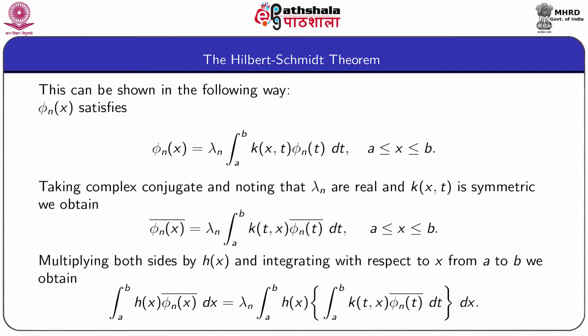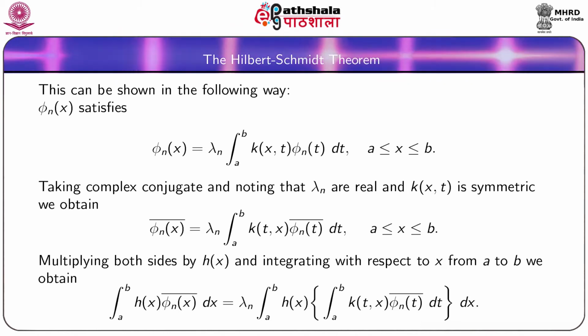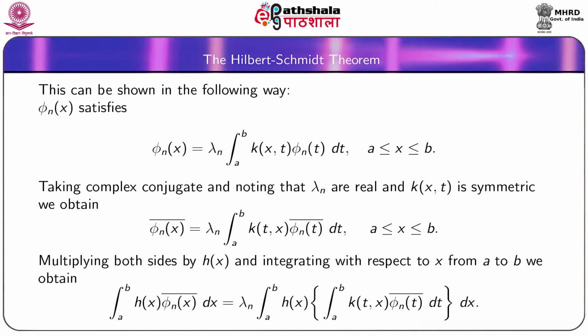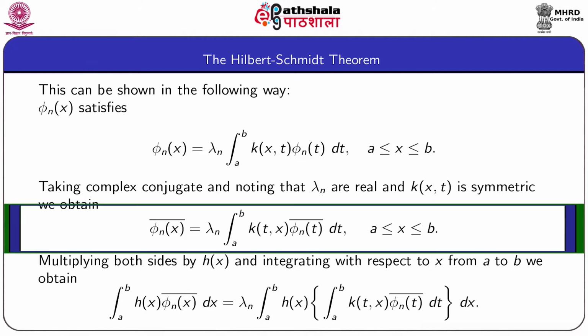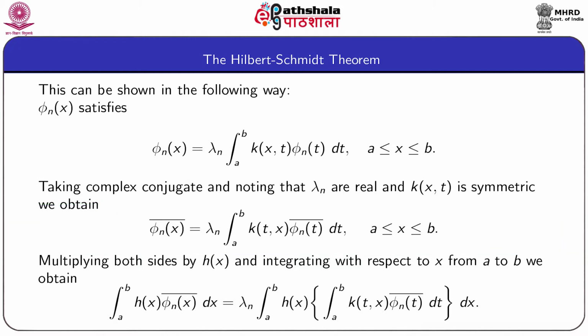Now, we take the complex conjugate and it can be noted that the eigenvalues lambda n are real and k(x,t) is symmetric. So, we obtain after taking complex conjugate that phi n bar (x) equal to lambda n integral a to b k(t,x) phi n bar (t) dt, x lying in the interval a to b.